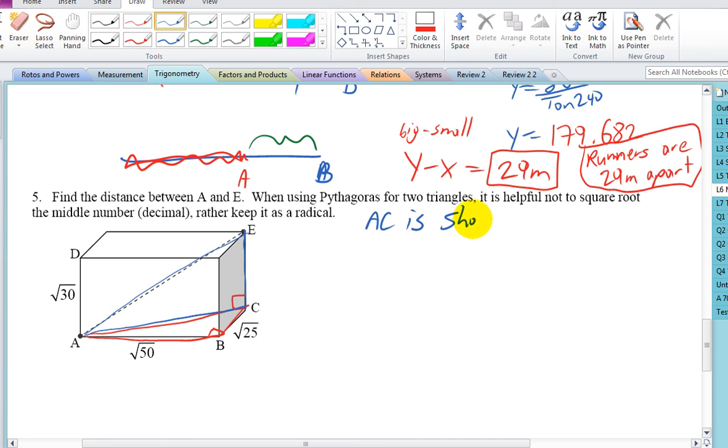Now, one thing we like to do is make it a little more difficult. Root 30 is over here, but you can also put root 30 right there. Okay? So AC is shared. Find AC. Go. Do Pythagoras.